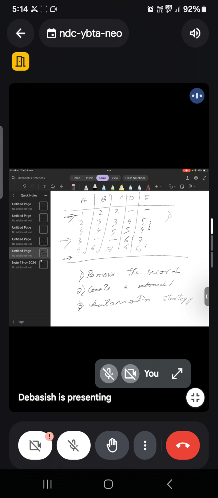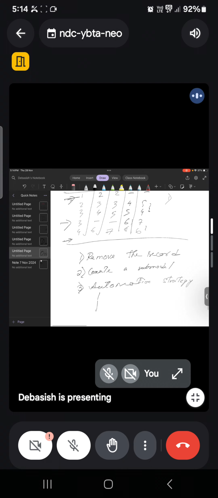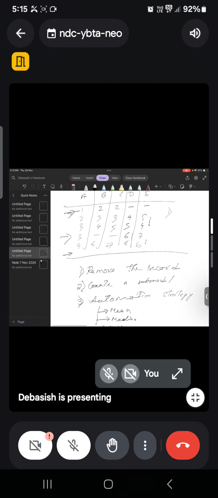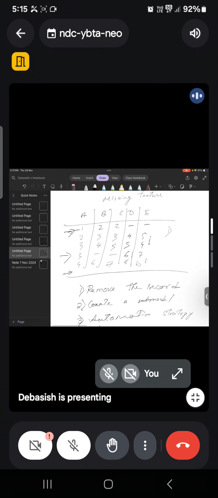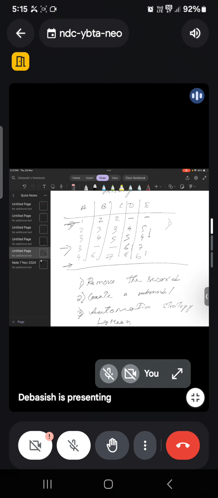So what is this? You can just calculate the mean, median, and mode of that value. So what is creating a submodel?